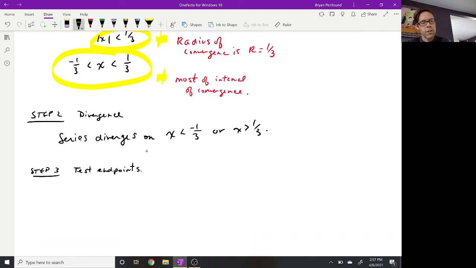So let's take our first endpoint, which is x is equal to negative 1/3, and actually sub that into our original power series.